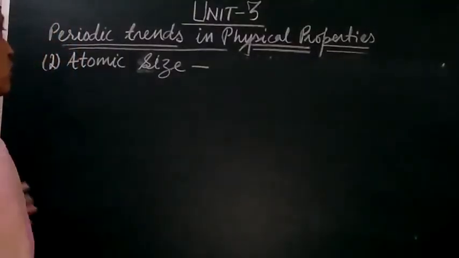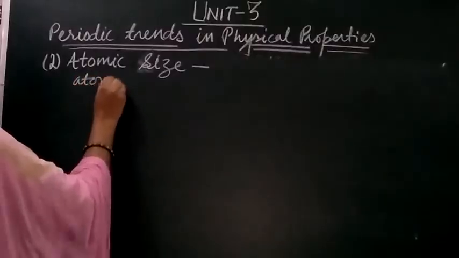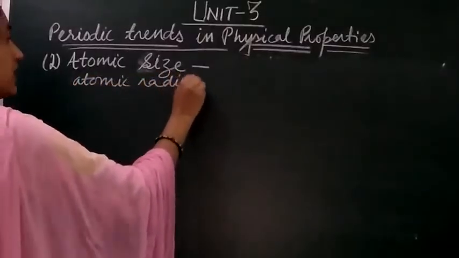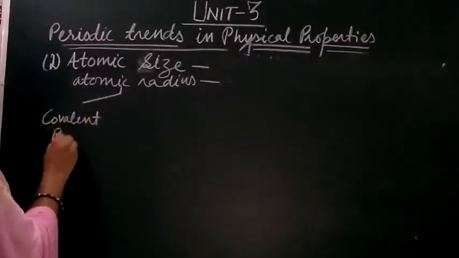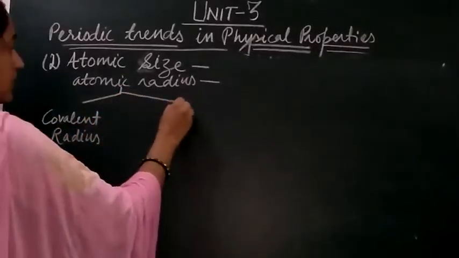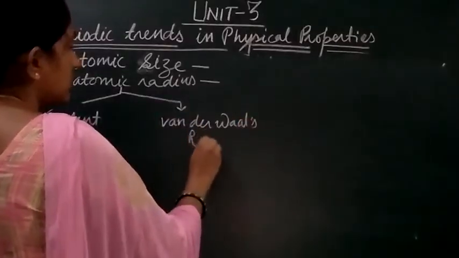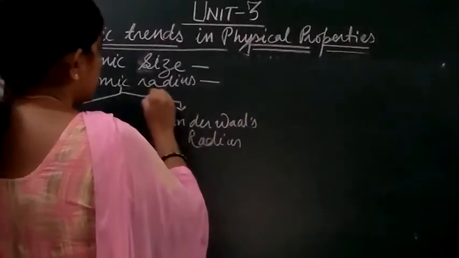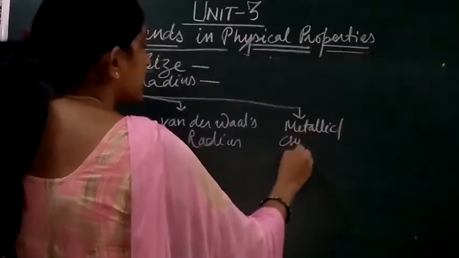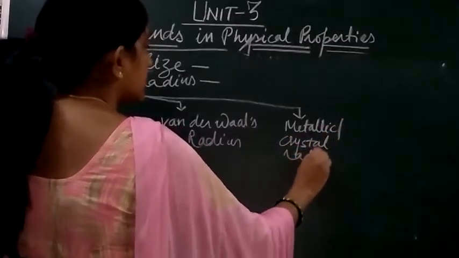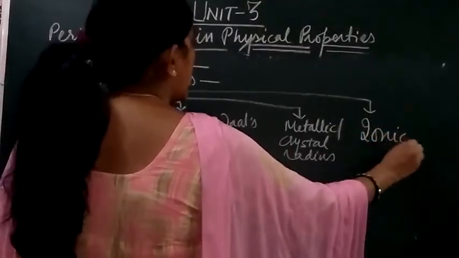Now the atomic size is going to be expressed in terms of the atomic radius, and that will be a covalent radius, a van der Waals radius, a metallic or a crystal radius, or it can be an ionic radius.